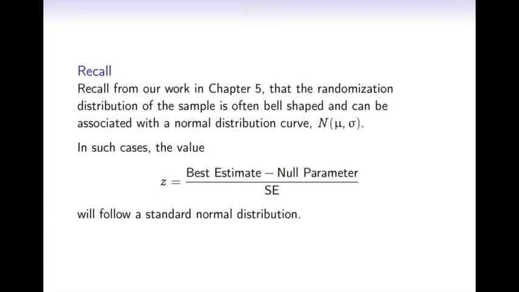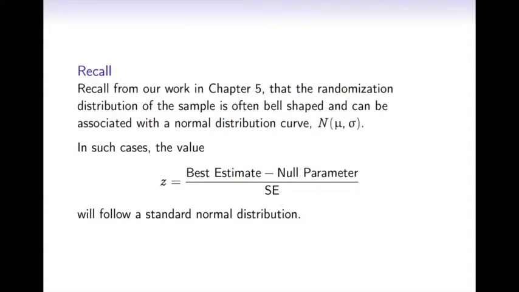We can do that with a standard normal curve. I'll remind you of that when we go to work on the problem. But basically, we were standardizing our best estimate, or our evidence, and then computing the p-value relative to a standard normal scale. Now, we still relied on getting the value of SE by pulling it out of the randomization dot plot. What we're going to see by the time we finish section 6.1 is that that is no longer necessary, because we'll have a way of calculating SE directly.